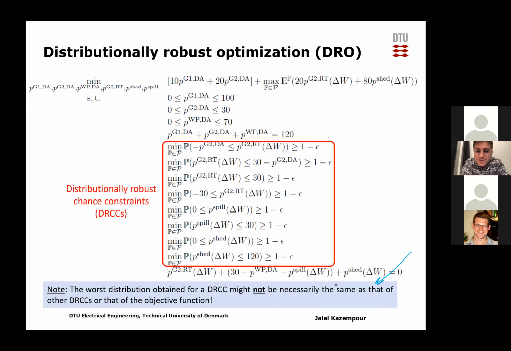Yeah, that's a good question. Lars is asking, individual or joint chance constraint, which one is more conservative? I think it's very case dependent. Also think of this: in individual chance constraints, you allow every single constraint to be violated to some extent, depending on epsilon. Let's say every single constraint is allowed to be violated by 5%.